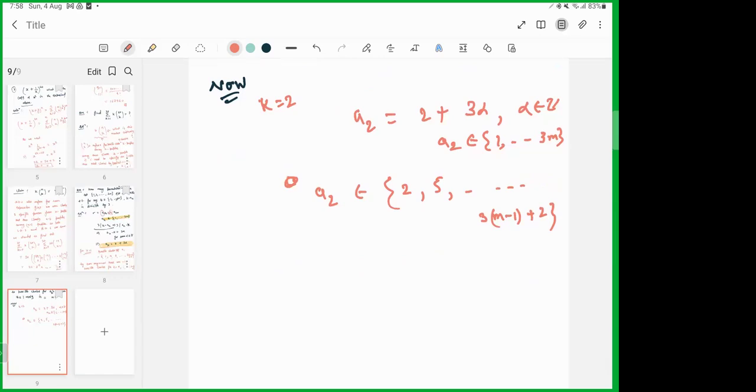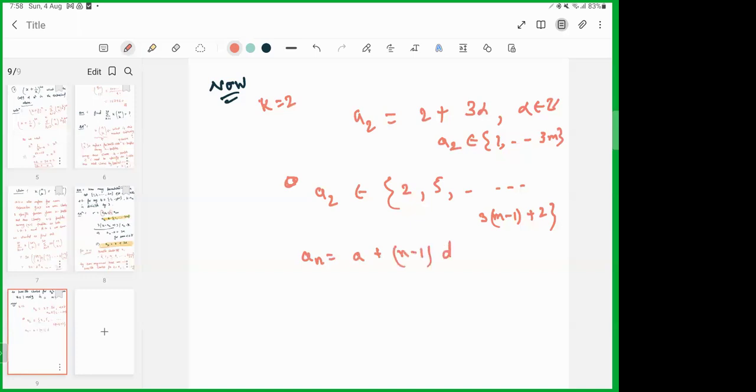Can we use the arithmetic progression formula, where 3 into m minus 1 plus 2 is the last term? So that at least I can confirm for myself that there would be m elements in this set. The formula is a_n equals a plus n minus 1 into d.